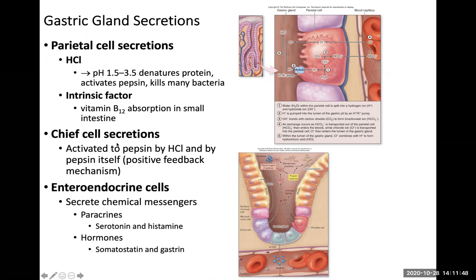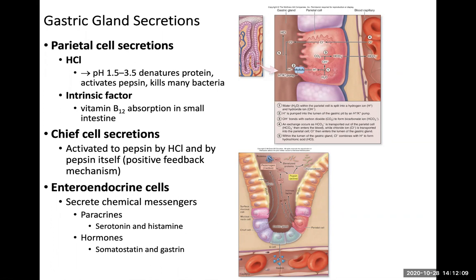And then chief cell secretions, I already mentioned that pepsinogen is converted to pepsin by hydrochloric acid. And then again, the enteroendocrine cells secrete gastrin, and the gastrin plays a really important role in essentially stimulating all of the activities that occur in the stomach.